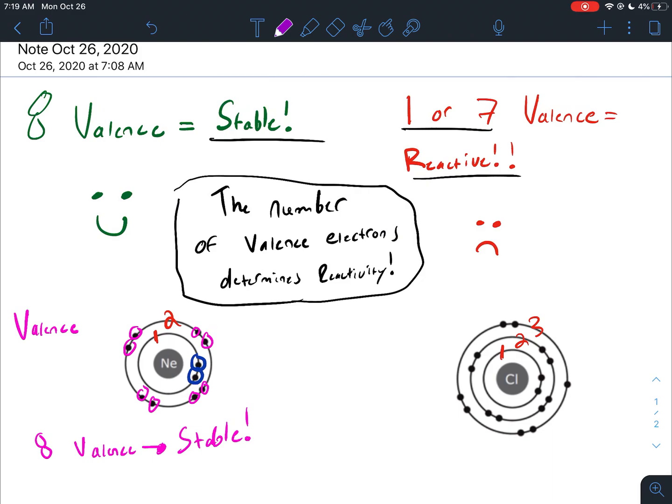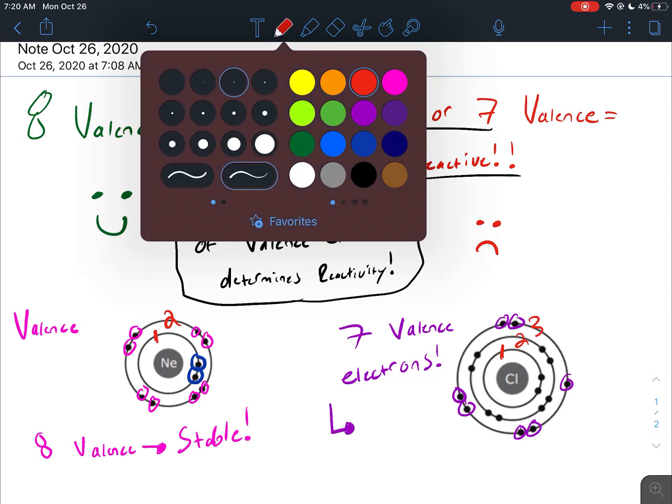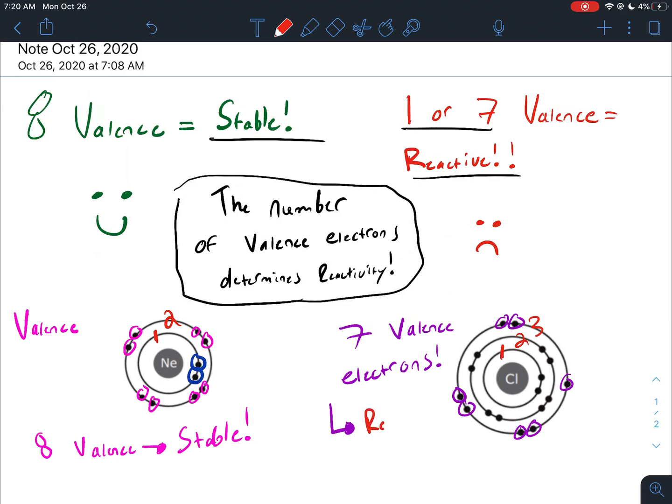So let me take my pink, circle the first electron, second in the outer shell, third, fourth, fifth, sixth, and 7th. So we have 7 valence electrons in this atom. And of course, if we check our key up top, that means we have a reactive element. I'll use red here.